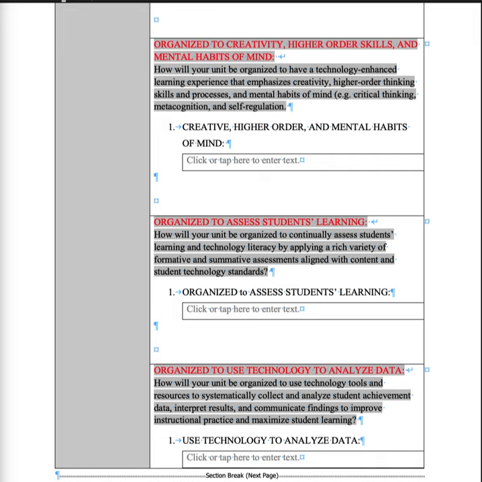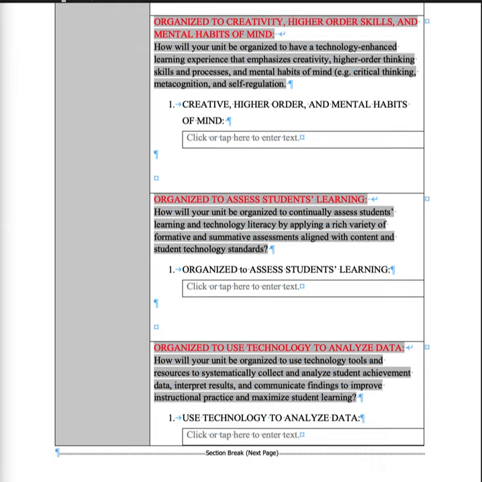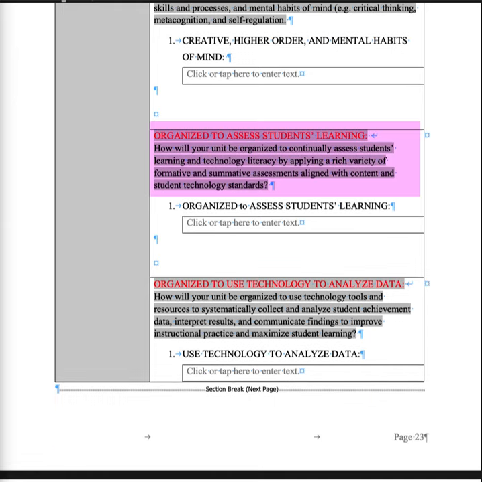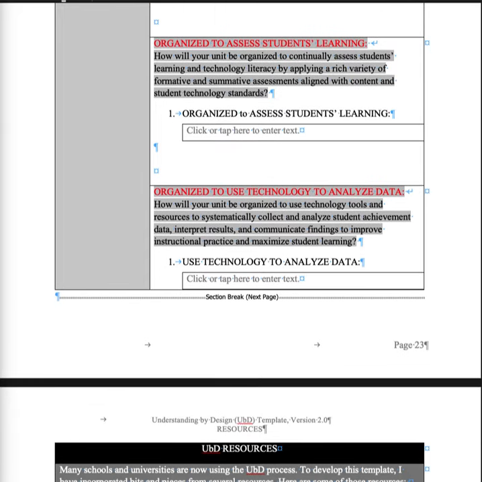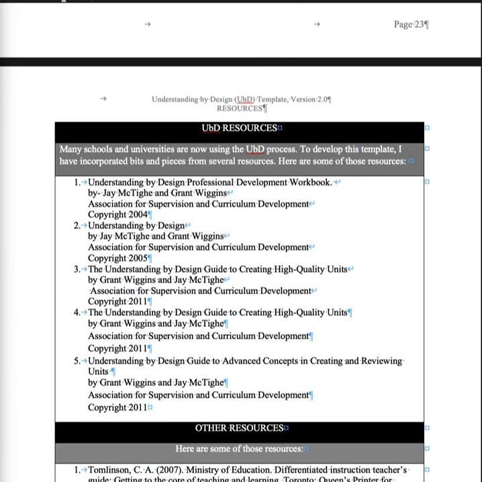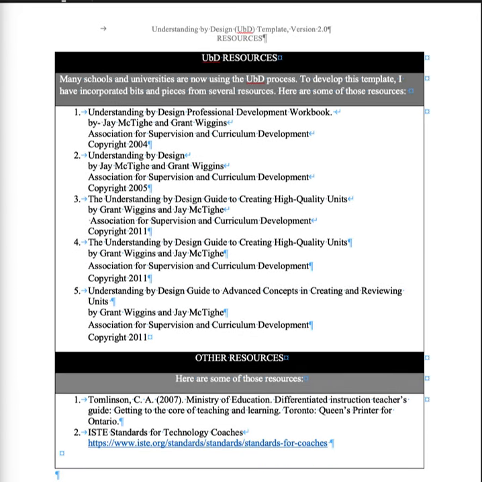Well, you get the picture. This is more than just teaching facts. Finally, how will your unit be organized to assess student learning? And how will your unit be organized to use technology to analyze data? Again, this whole unit seems very easy, but it is actually very deep.